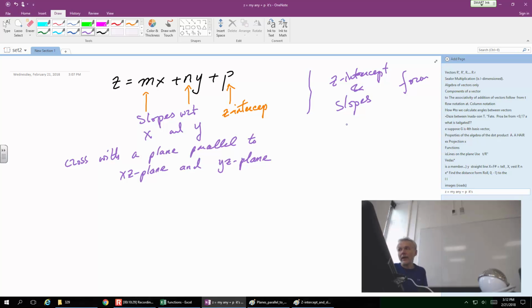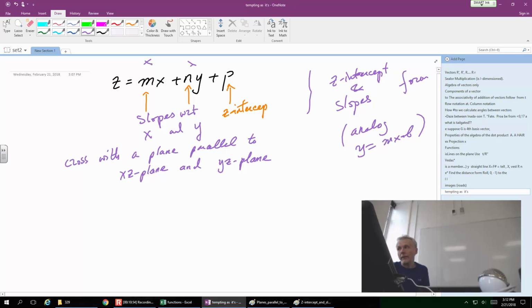It's analogous to y equals mx plus b, where m is the slope and b is the y-intercept. I put it in the same exact order. And if you drop either term, it will be exactly like that.